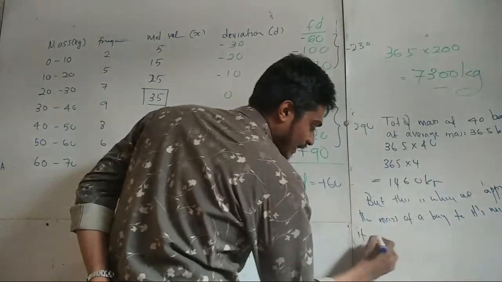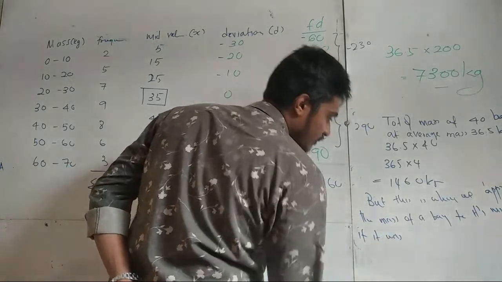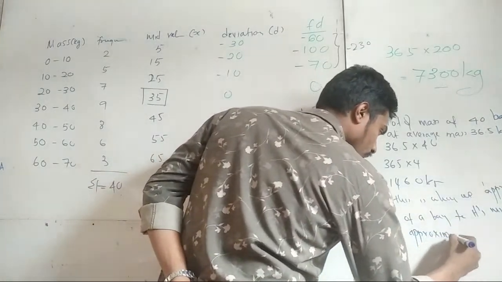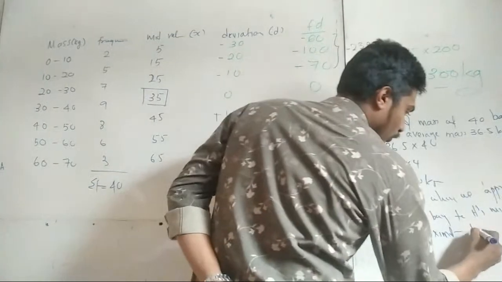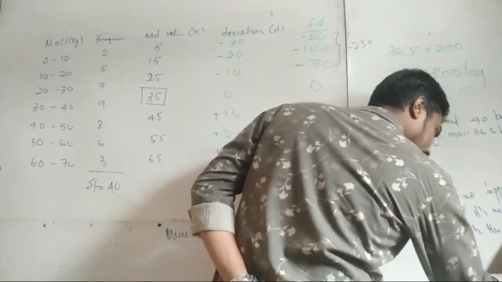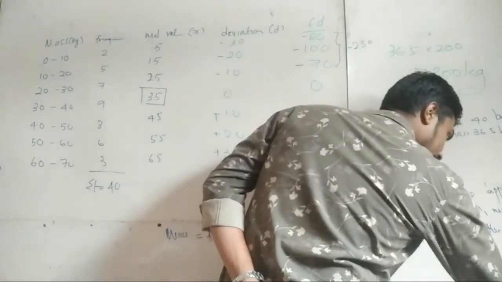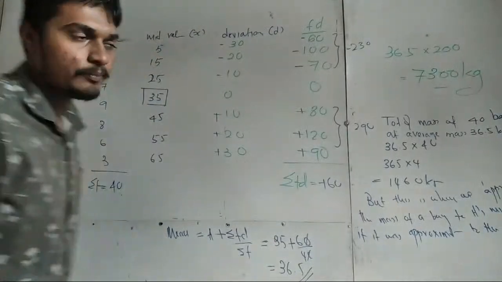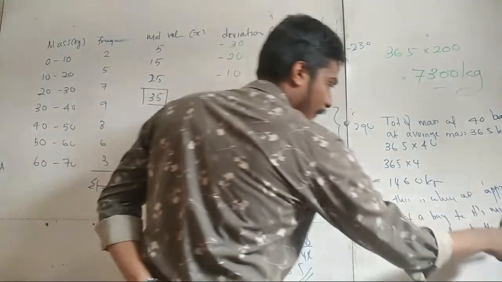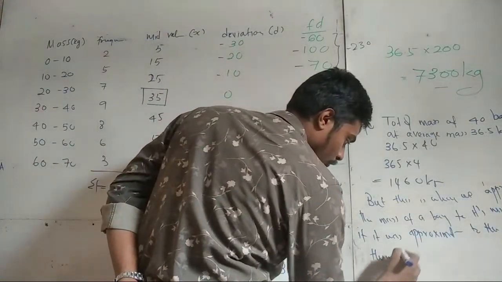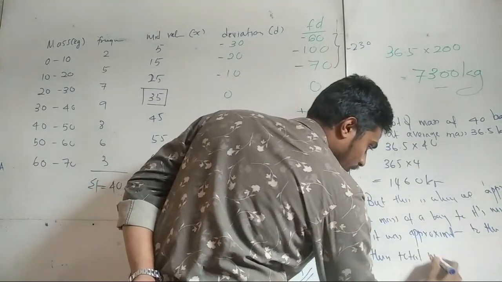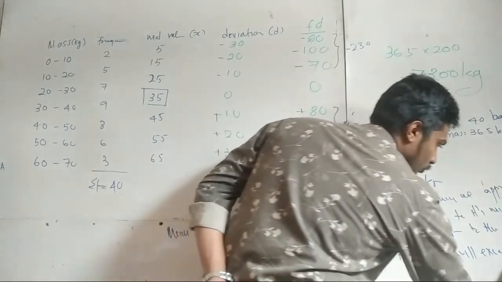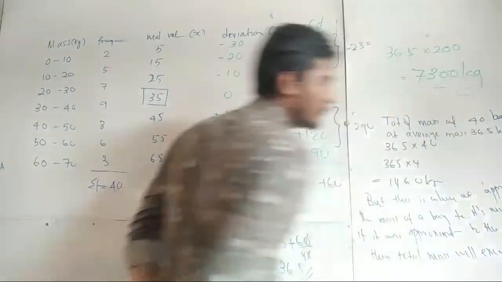If it was approximated to the upper limit, so maybe they are expecting this word, upper limit, that's important, then the total mass will exceed 1,500 kilograms. Easy.